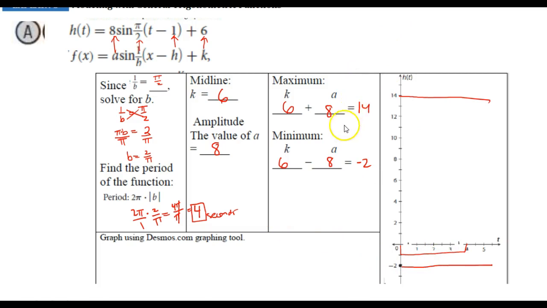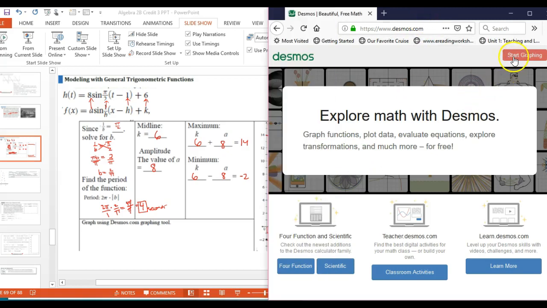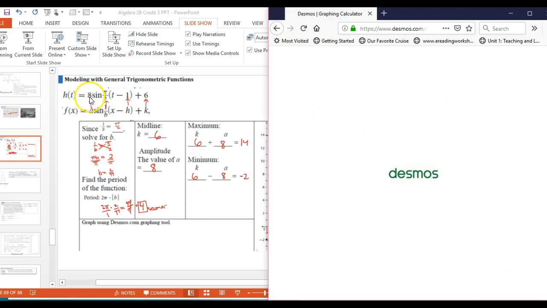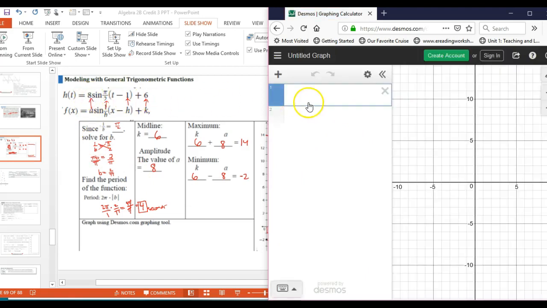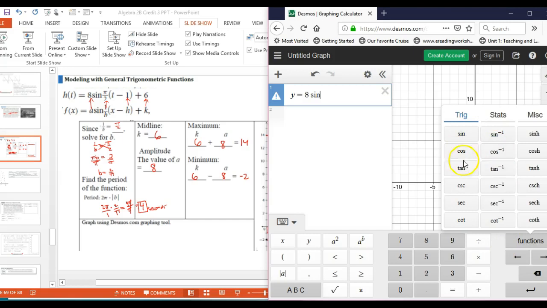And then what we're going to do next is fill in our sentence starter. So let's do that. Alright, so as you can see here, I opened up my Desmos calculator. I'm going to start graphing, just like it shows here. It's going to load. We're going to type in this equation. So y instead of h of t equals, I'm going to pull up my keyboard, 8 sine, which I can just type in sine, by the way, instead of using the function key, though it's right there, either way.